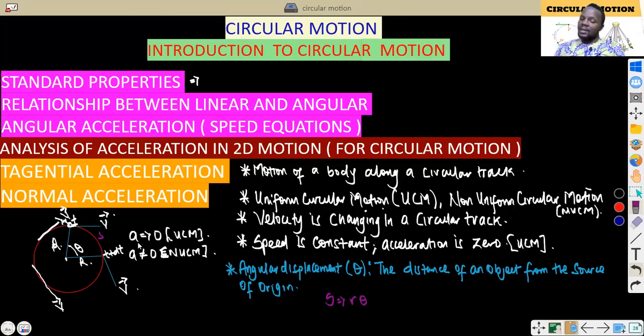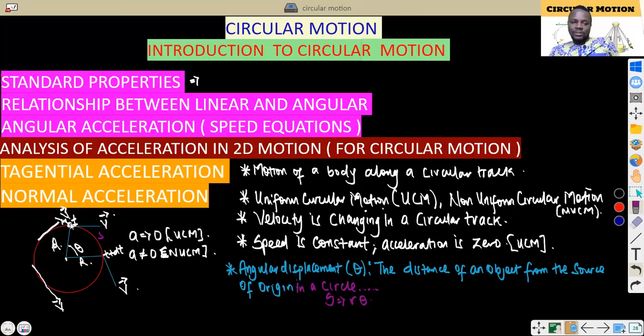The distance covered here is the normal linear distance, but the angle it makes is the angular displacement in a circle, from the source of origin. So that we have a good complete definition. It's not about derivation alone.